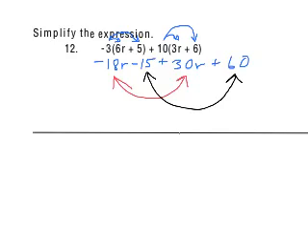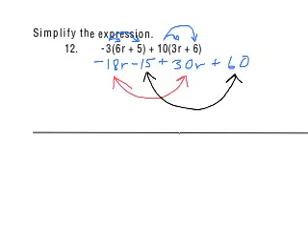So now here, if you're starting to see all of these as signed numbers, as negative 18r minus 15 plus 30r plus 60, then we really need to see them all as signed numbers so we can move them around.